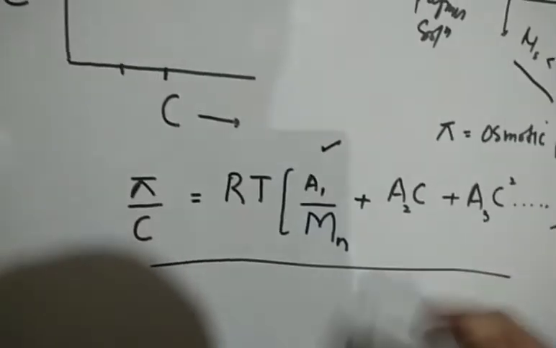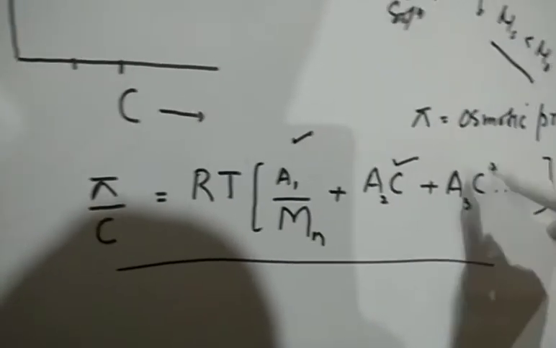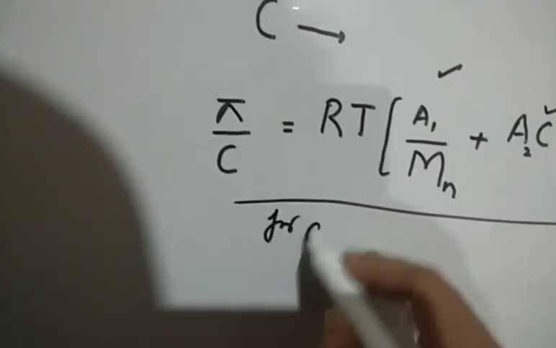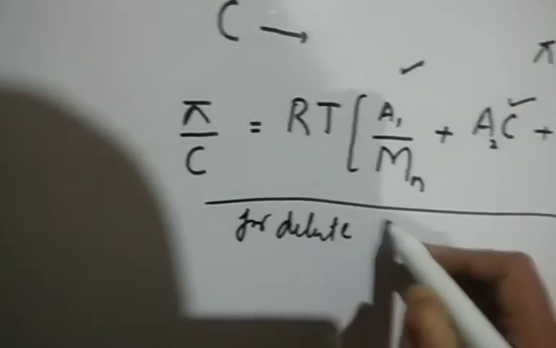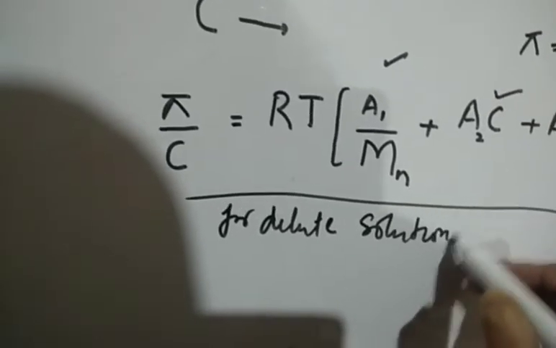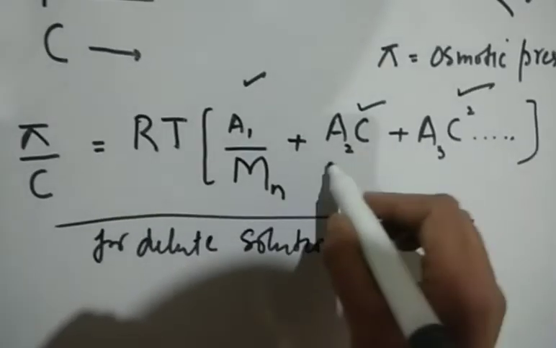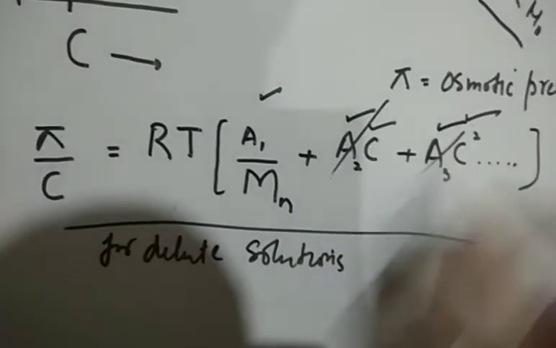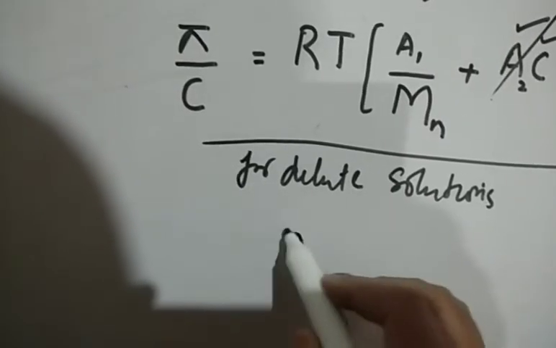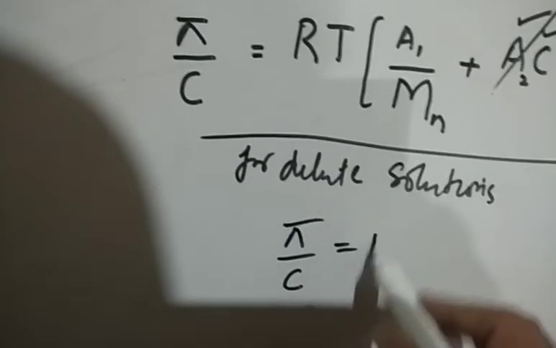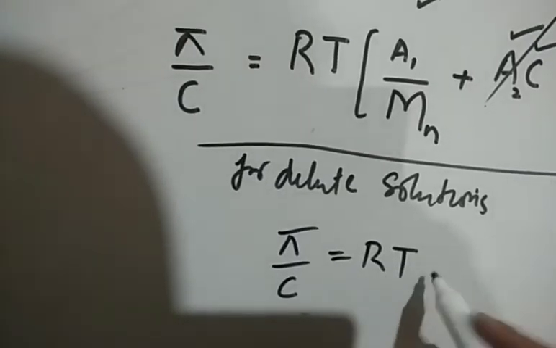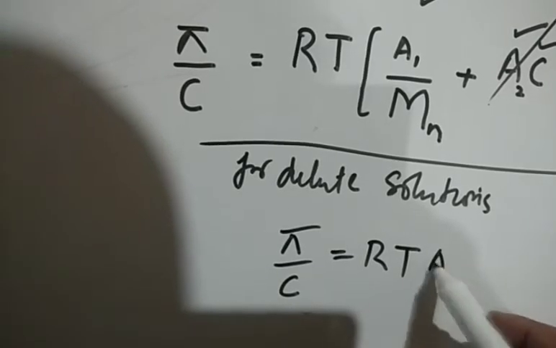When we have a dilute solution, the higher virial coefficients can be neglected. So this value is negligible, this is negligible, so we can remove these. Our equation reduces to RT, A1 by M.